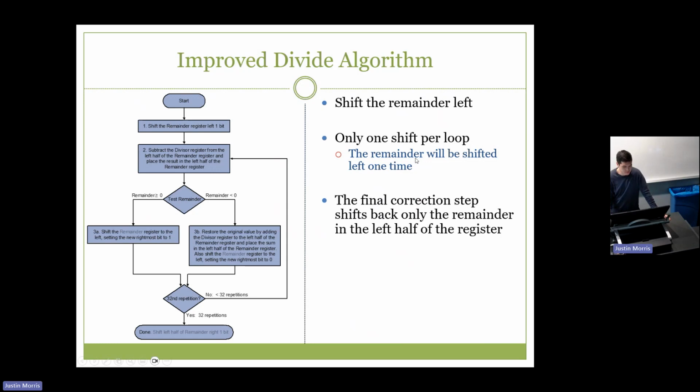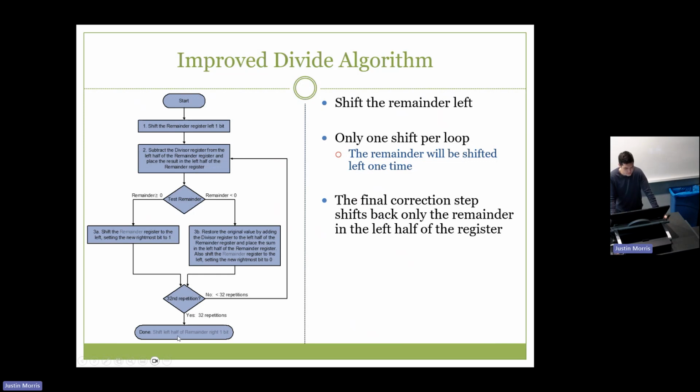So here are our steps. We shift first, and we subtract, and we do this test, right? So it's the same test. If it was positive, then your quotient gets 1 and you don't restore. If it's negative, your quotient gets 0 and you restore. And you repeat that until you're at the end.